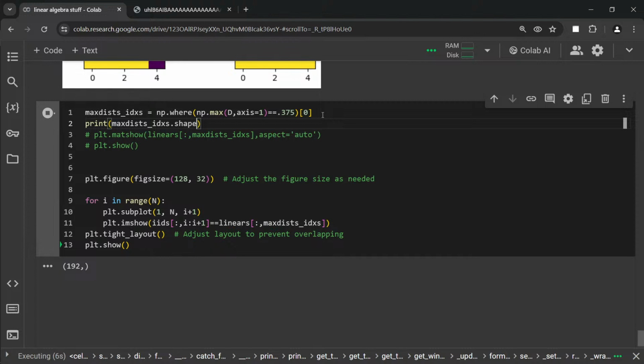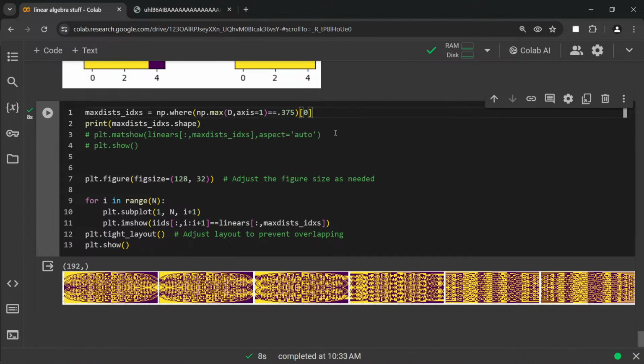So only take the first whatever 192 divided by 2 is. Is that gonna work? Probably not.